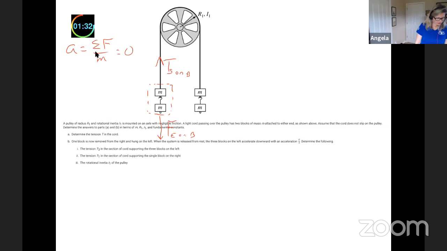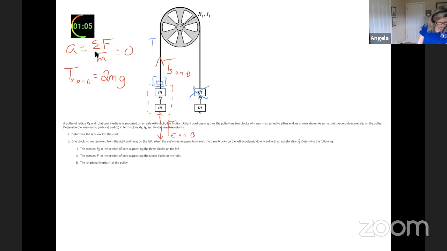So the tension of the string on the blocks should equal, there's a mass of 2m, so 2mg, right? Then it says one block is removed.